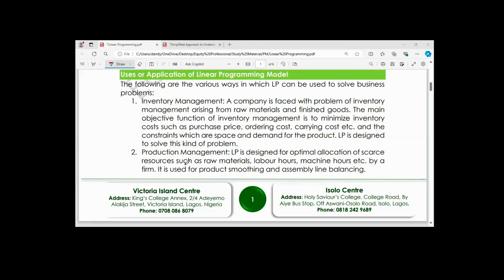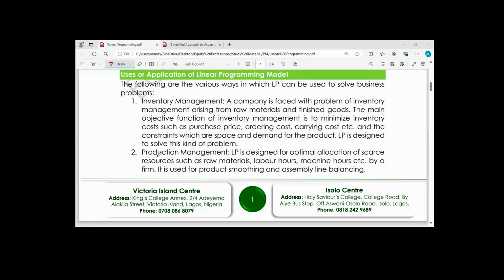And then I explained to you the procedures involved in determining optimal production plan. When you want to determine optimal product mix using linear programming, there are some key procedures you are expected to carry out. The first one is to formulate the linear programming model. And I also gave you 4 different steps you can undertake whenever you want to formulate a linear programming model.